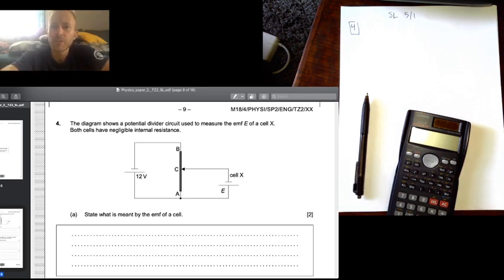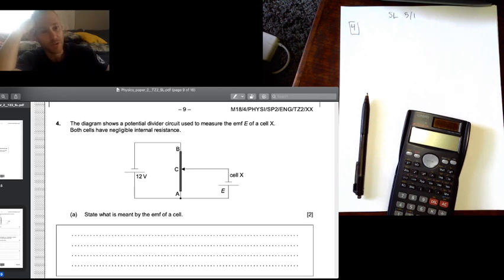The diagram shows a potential divider circuit used to measure the EMF of cell X. Both cells have negligible internal resistance.